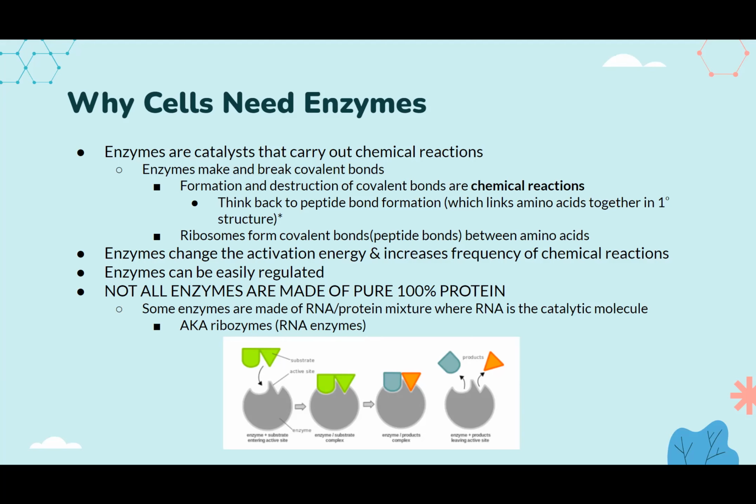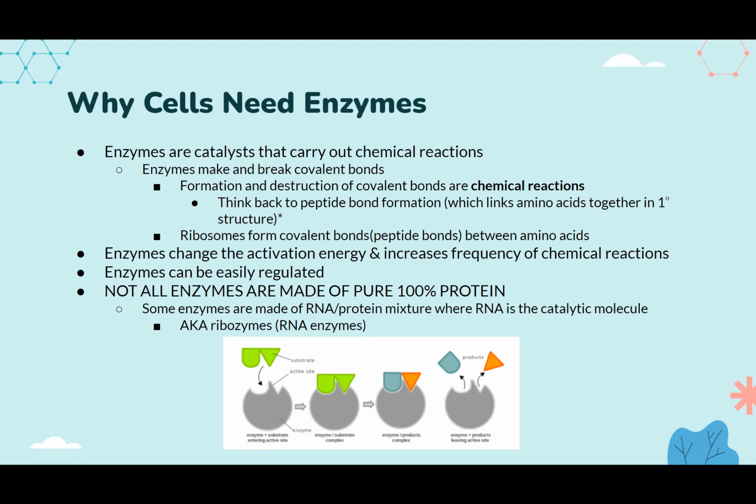They make and break covalent bonds, and they are in charge of the formation and destruction of covalent bonds, and those actions are chemical reactions. Ribosomes form the covalent bonds between amino acids. That's what's linking together the chain. That's one example of an enzyme.